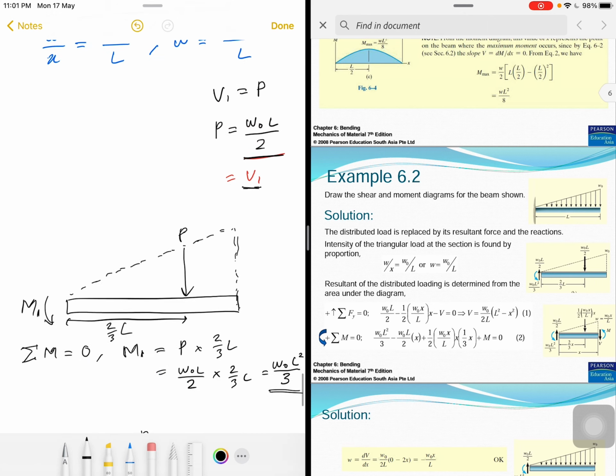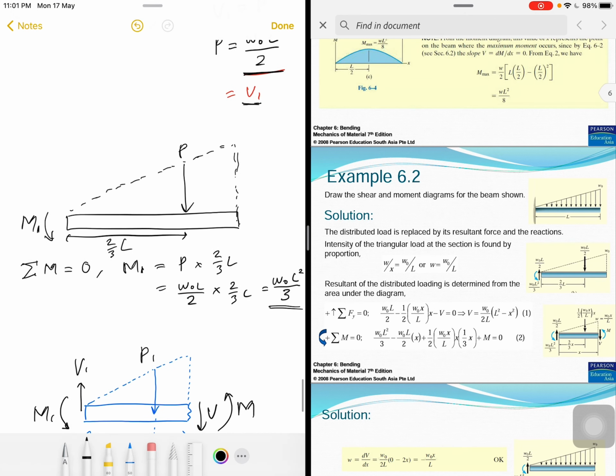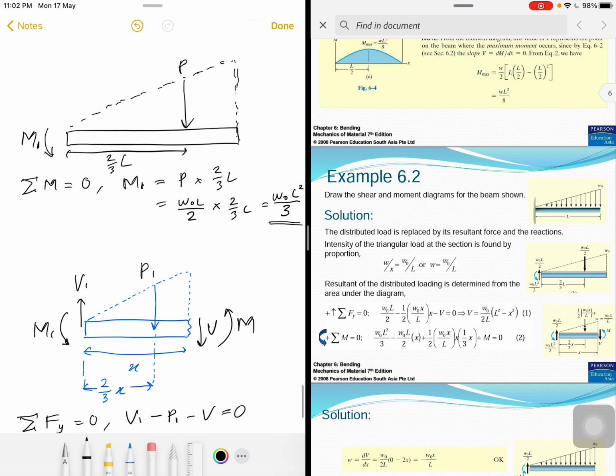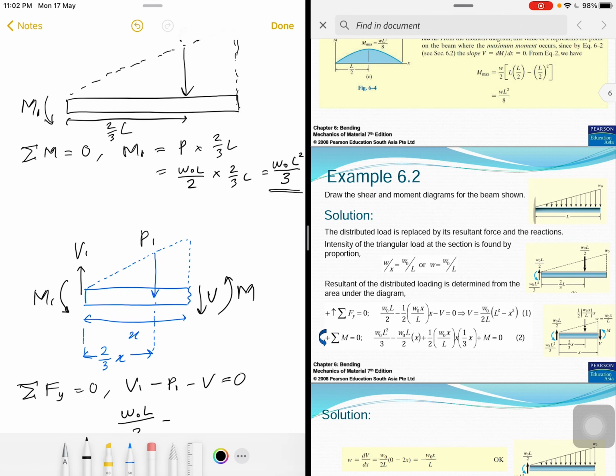P is similar with V1 right here, but P1 depends on the value of X. Okay, so P1 is equal to W X over 2. So this is the equation.